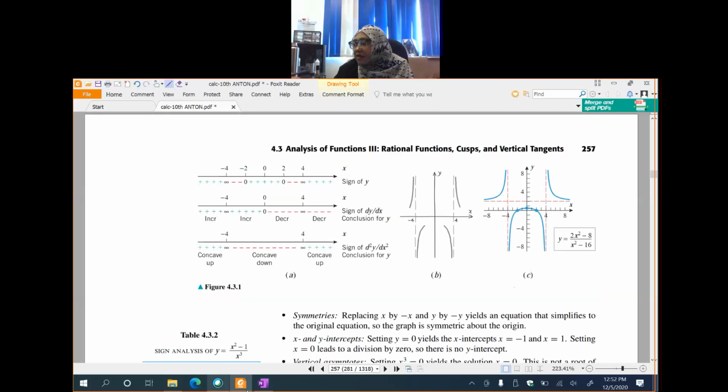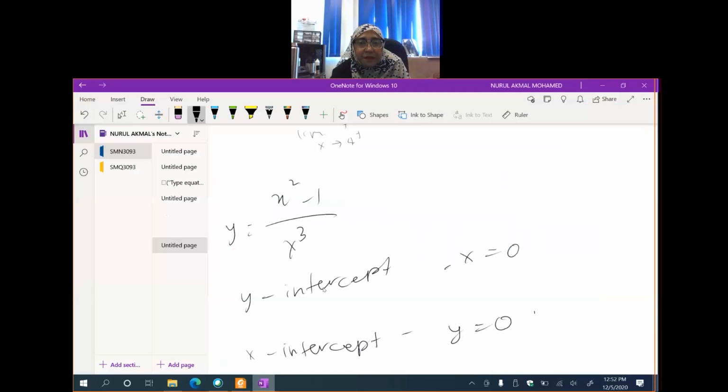So it will be undefined. So there is no y-intercept.